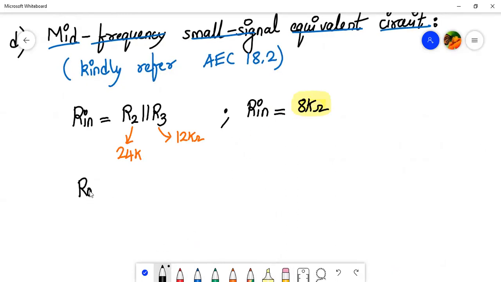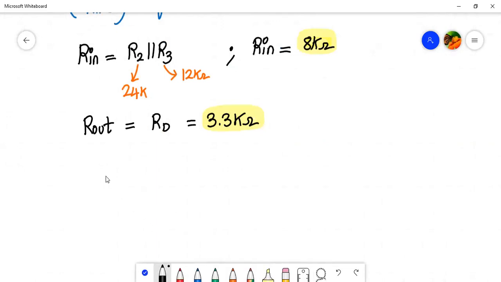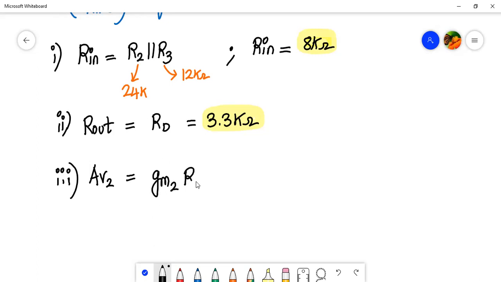Next, we find the value of Rout, and that will be just equal to Rd. The Rd value is 3.3 kilo ohms. This we have seen a few moments ago from the last session. Now we have to calculate the voltage gain Av2. The formula was gm2 into Rd.